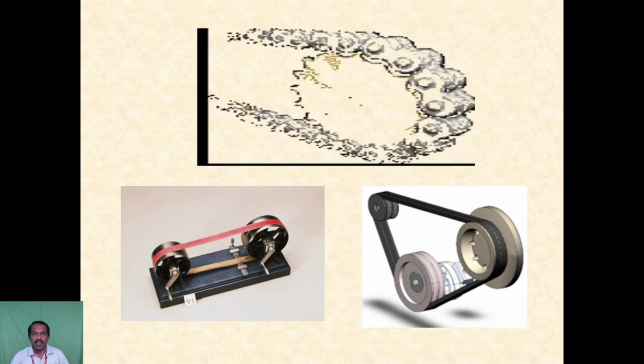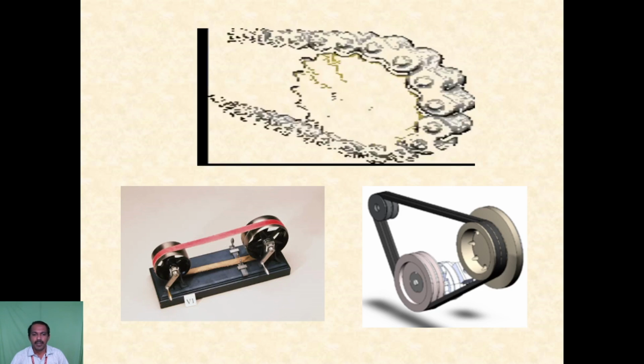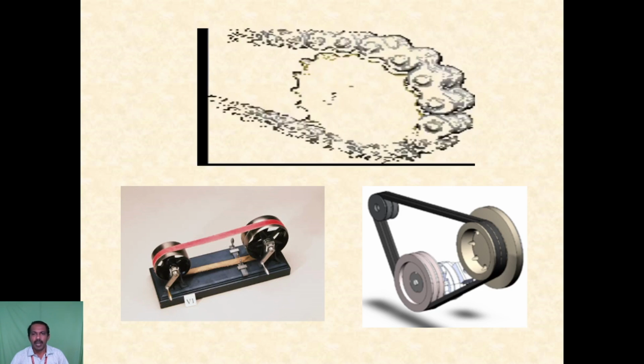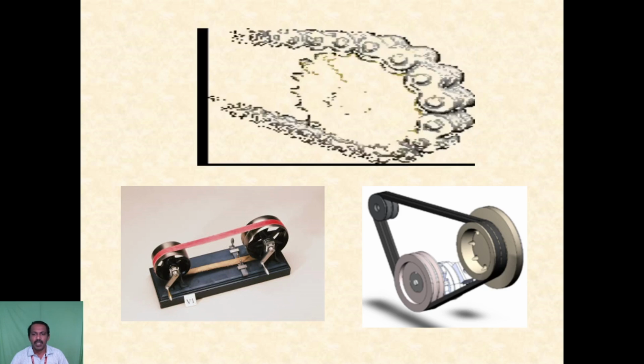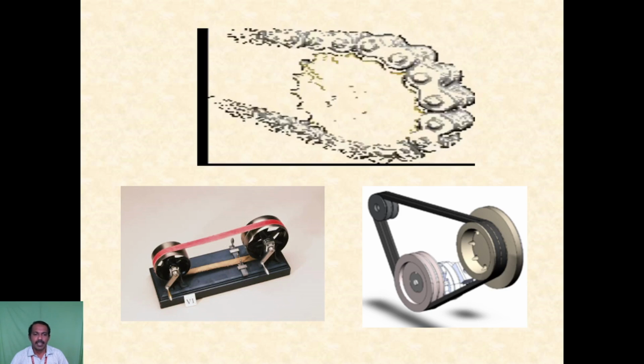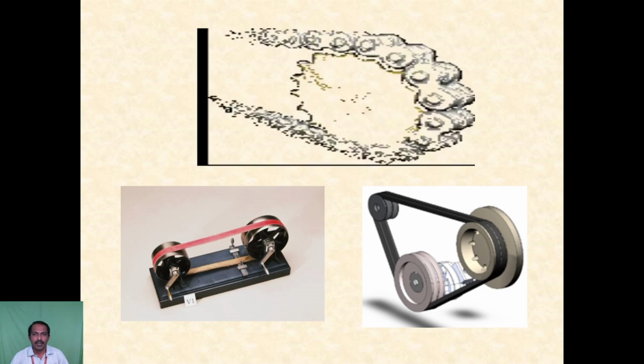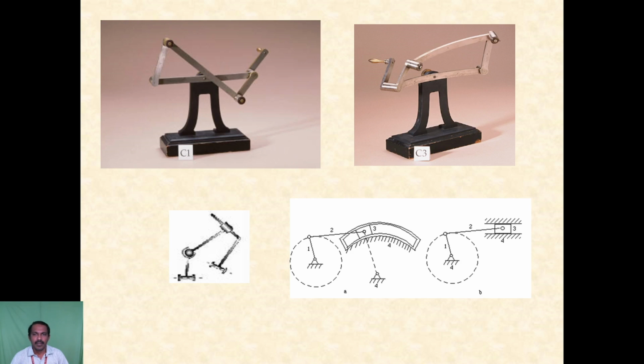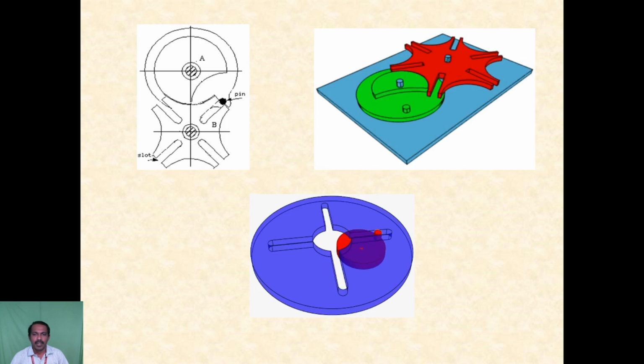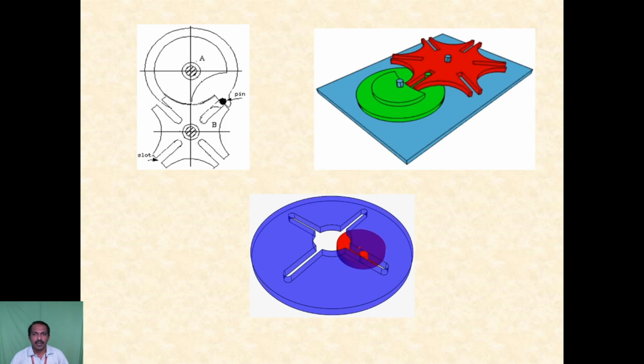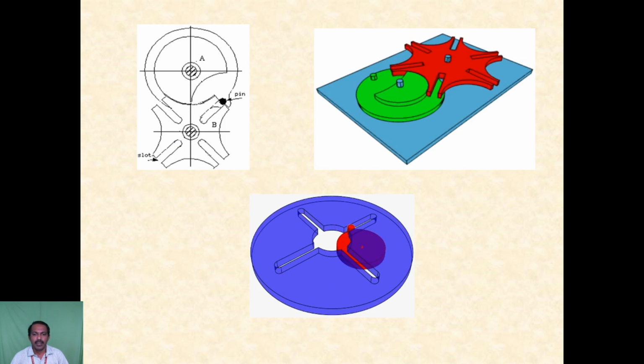Chain drives and belt and rope drives are higher pair examples with line contact. A gear is one type of pair; it is a higher pair with point contact.